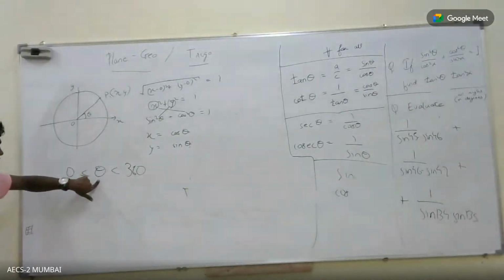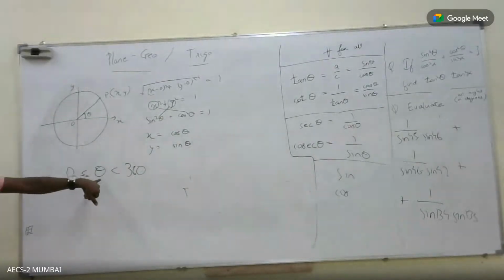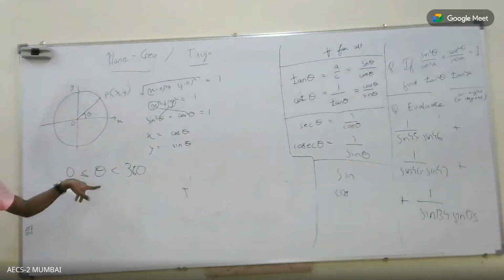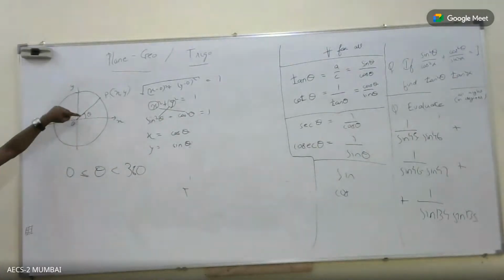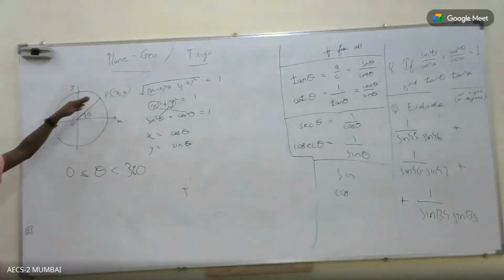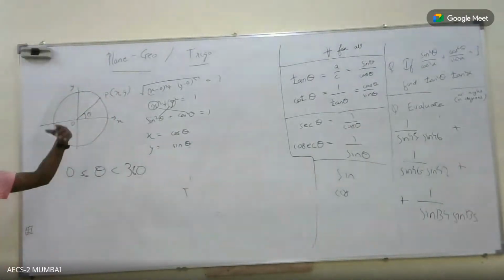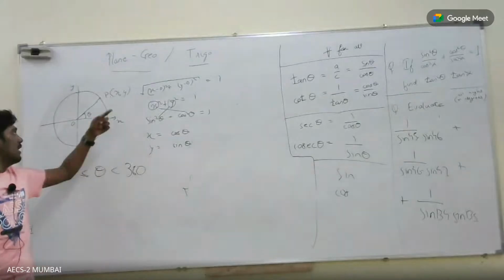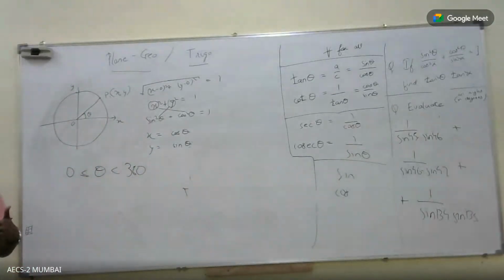So we have this as the range of theta. Considering an angle between 0 and 360, if we project a line which makes an angle theta with the positive x-axis, and the line meets the unit circle at a point B with coordinates x and y, then x is the cosine of that angle and y is the sine of that angle. Correct? Is everyone fine with this?